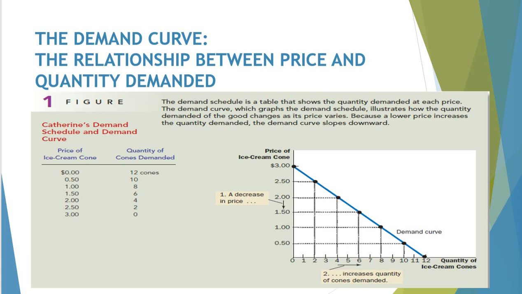Okay. So as we can see, many things determine the quantity demanded of any goods, but when analyzing how the market works, we need to focus on one key factor, which in this case is the price of the good. For example, this table describes ice cream cones.